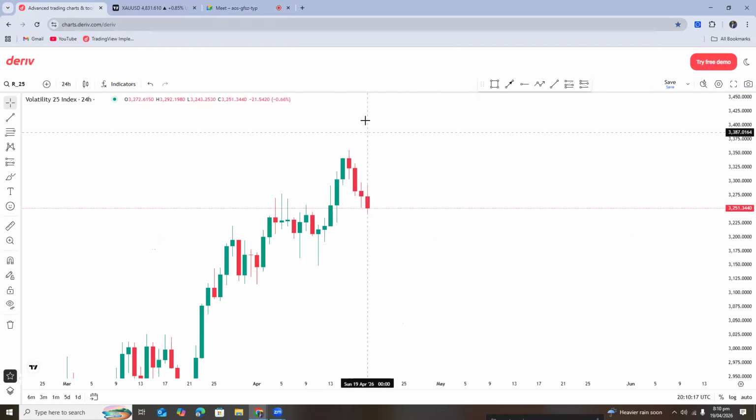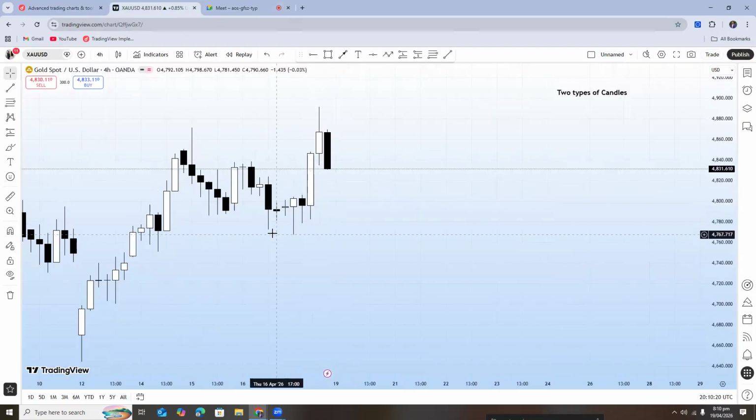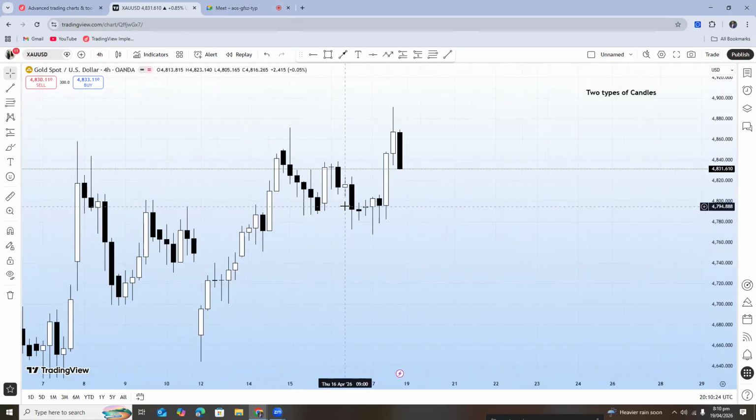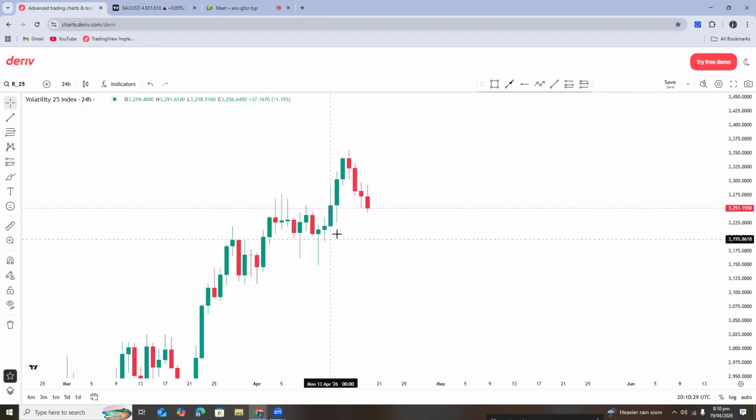You see red and then green. I have done the setting this way because I prefer my chart to look like this. So these are the default colors: red for sells and green for buys. The red signifies sell momentum. The green signifies buy momentum.